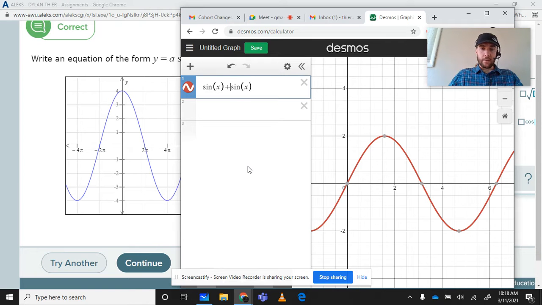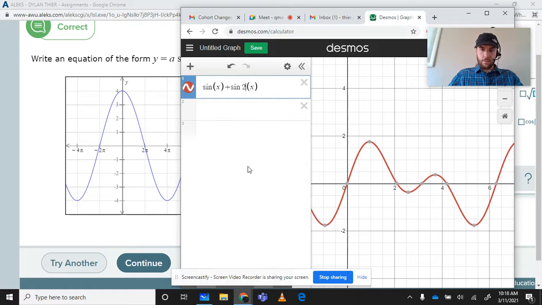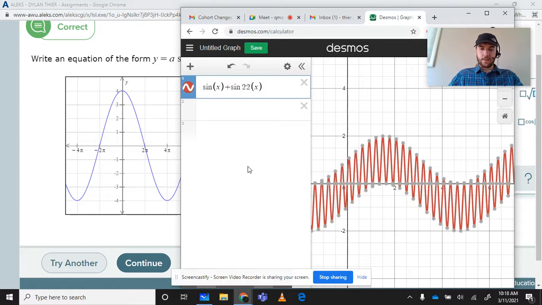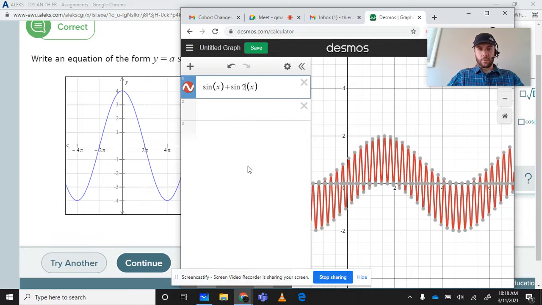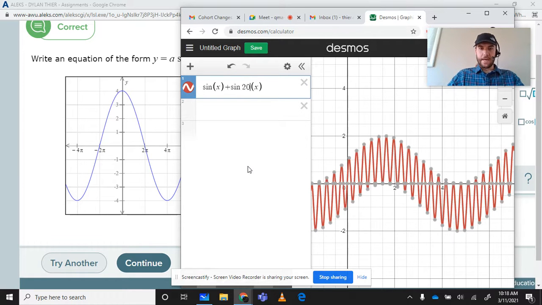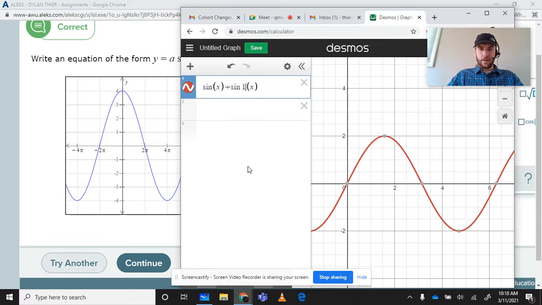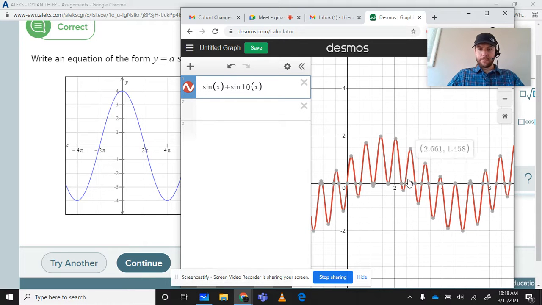But if my other one was not the same frequency, you get interesting situations where you can add together a wave that has a really long wavelength to a wave that has a really short wavelength.